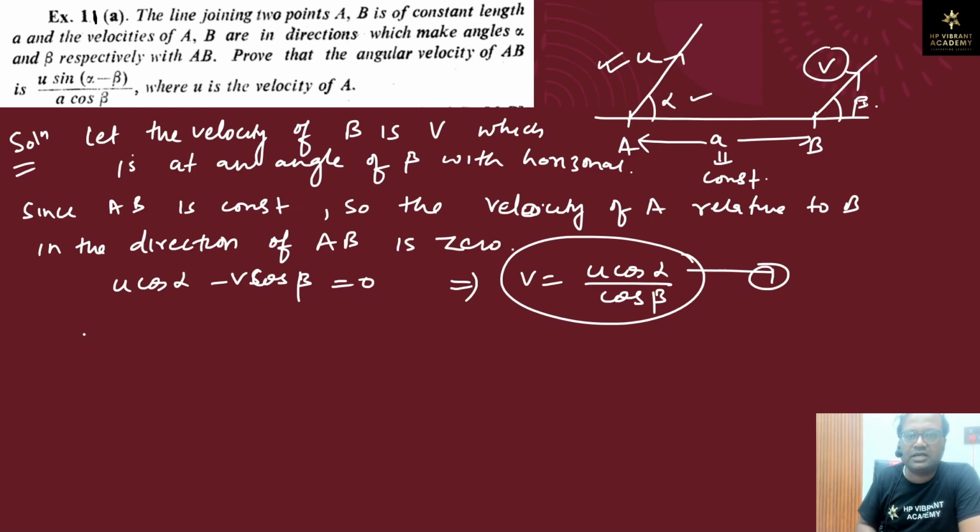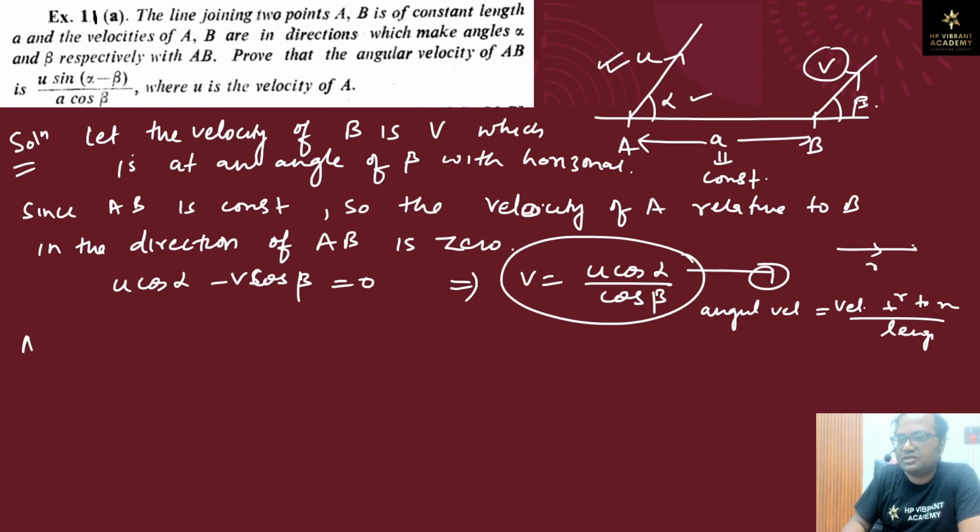Now, prove that the angular velocity of AB is given by this. How do we find the angular velocity? We take the velocity perpendicular to the radius vector upon the length.